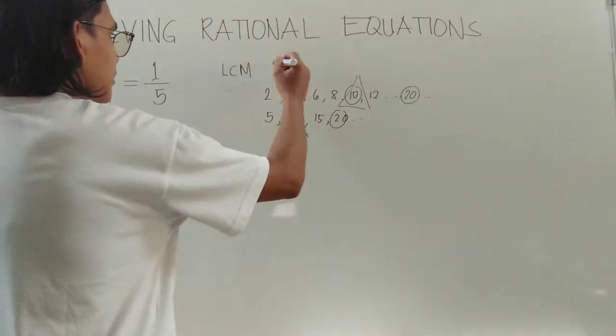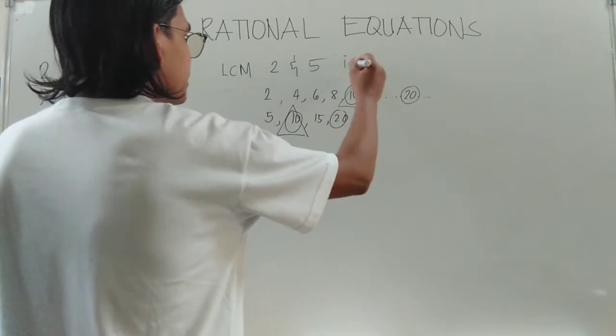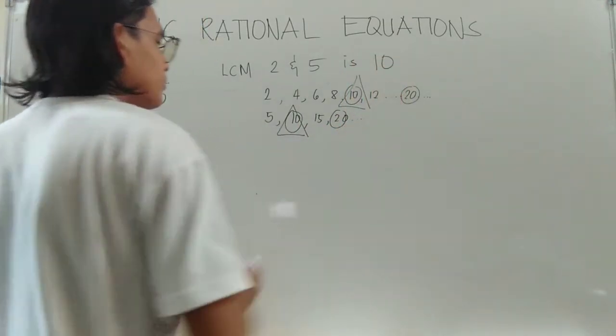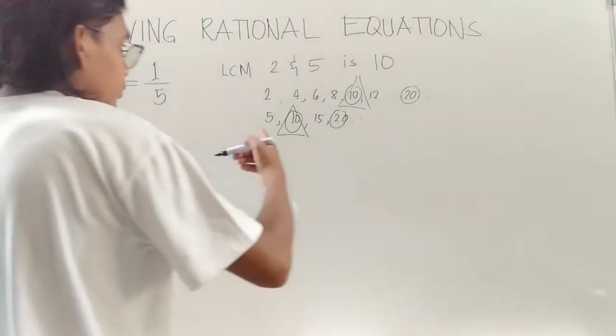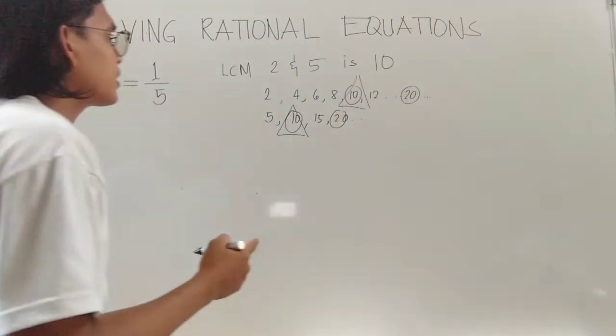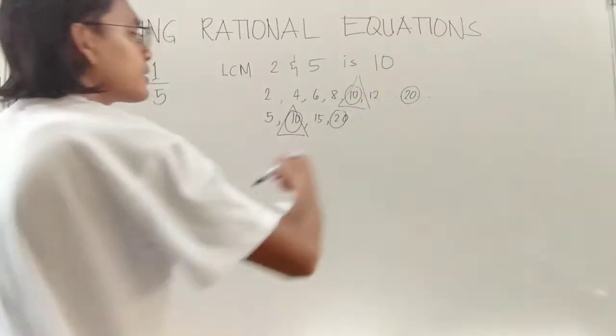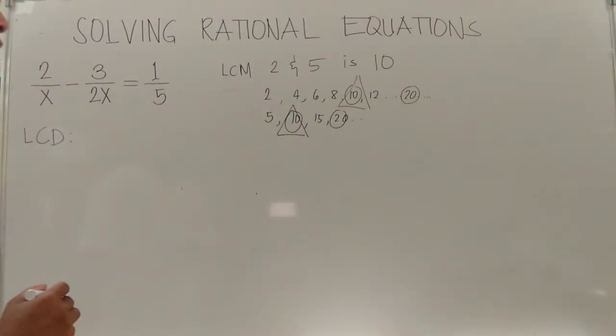So the LCM of 2 and 5 is 10. 20 and other numbers are common multiples, but 10 is the least.